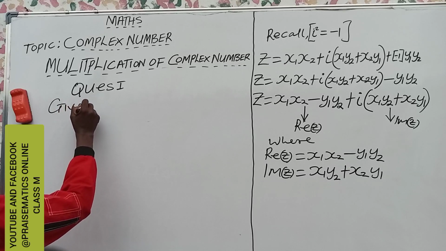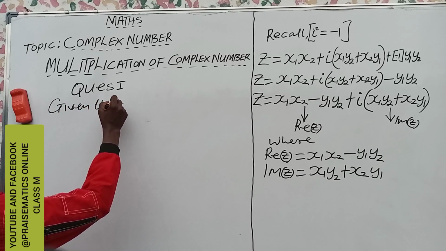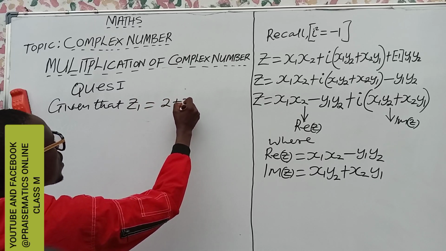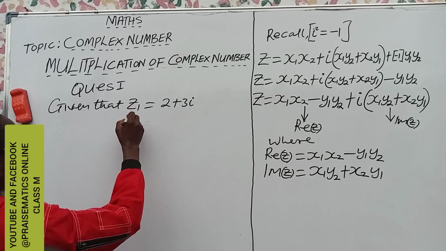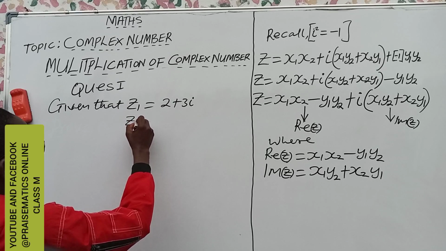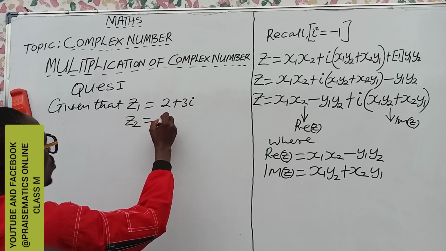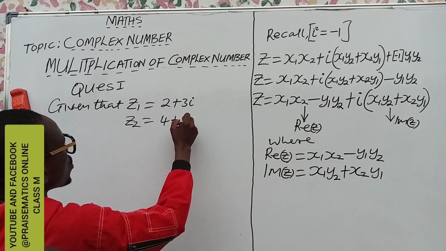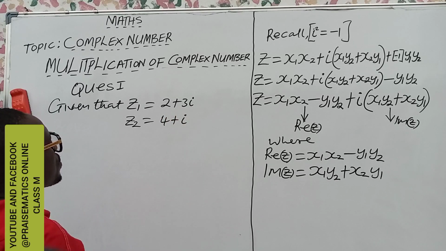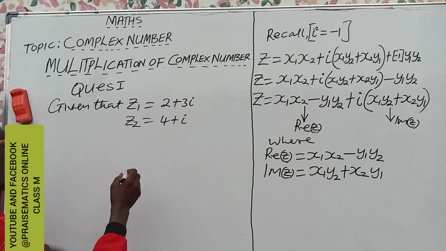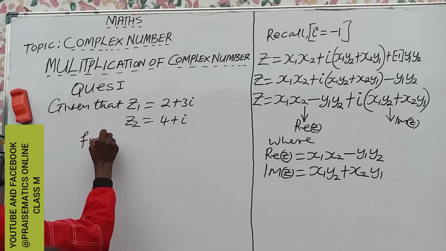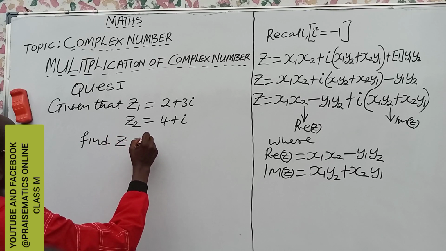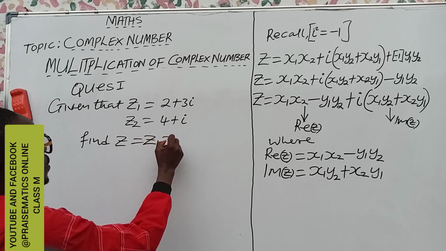Given that z1 equals 2 plus 3i and z2 equals 4 plus i. The question says to find or evaluate z equals z1 z2.